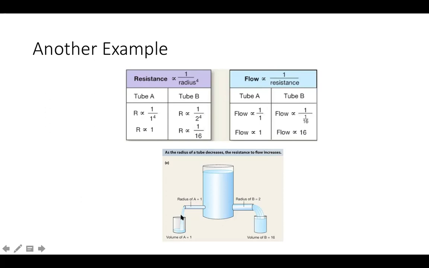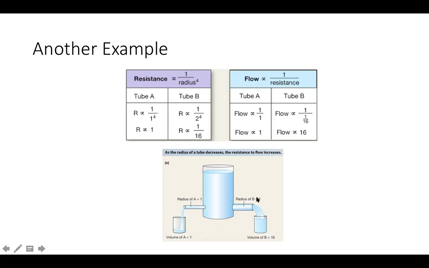The amount of volume you get out is 1. I know there's no units here, but we'll just say 1 liter of water comes out. If in the same circuit you have a tube that has double the radius, the amount of fluid that comes out is actually 16 liters. So doubling the radius causes the flow to change by a factor of 16, or 2 to the exponent 4.